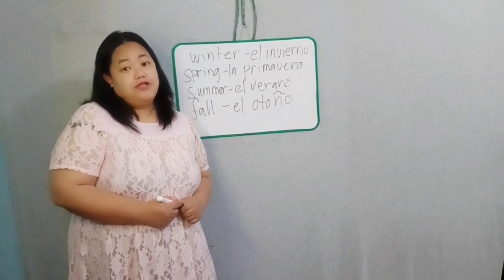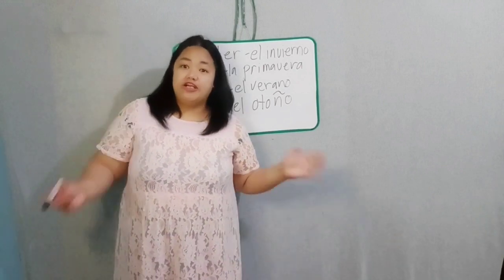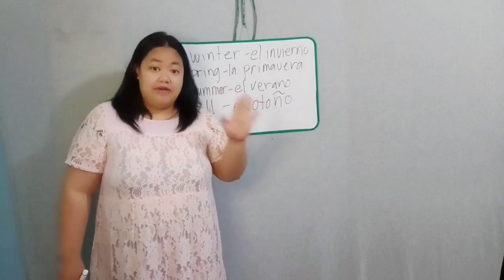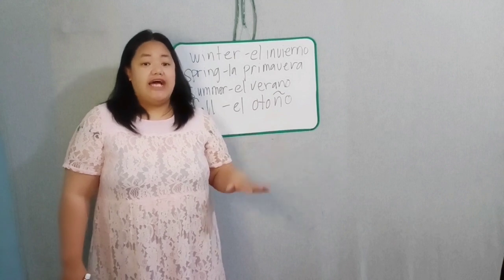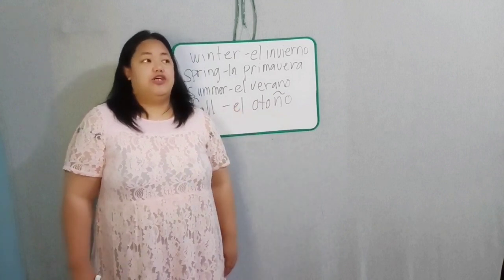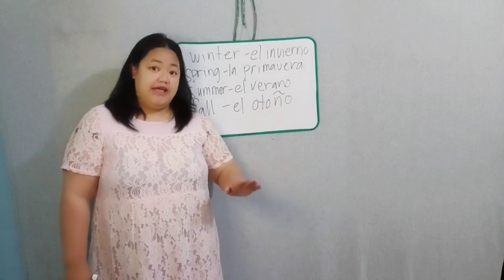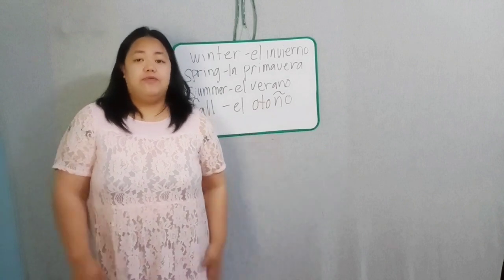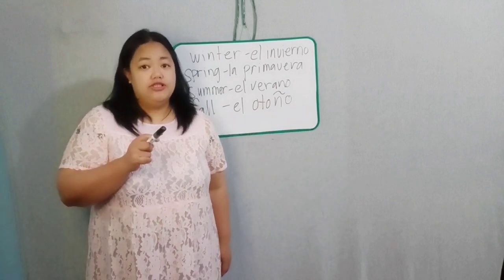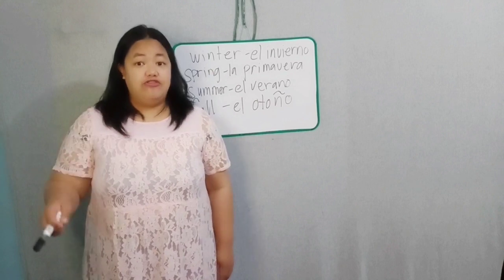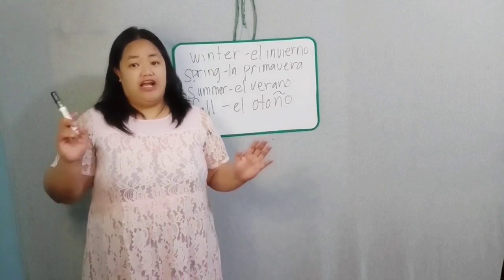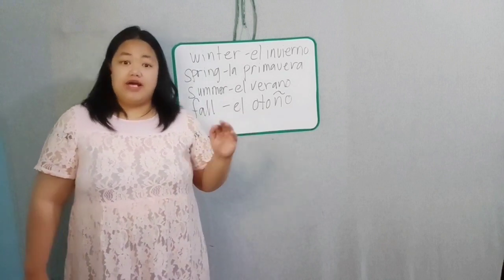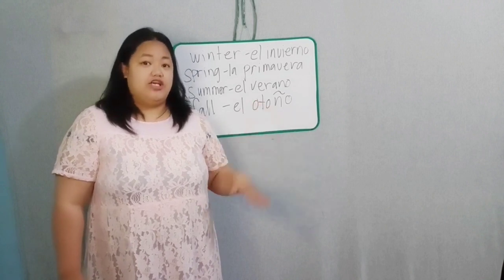So let us give sample sentences for here in the Philippines. En Baguio, en febrero, hace frío. So, in Baguio, in February, it's cold. Another example. En La Unión, en el verano, hace calor. So, in La Unión, in summer, it's hot.